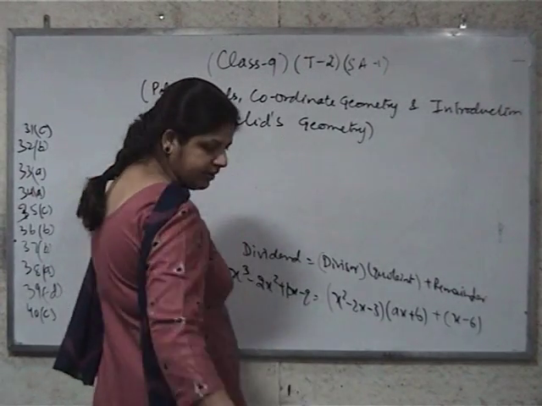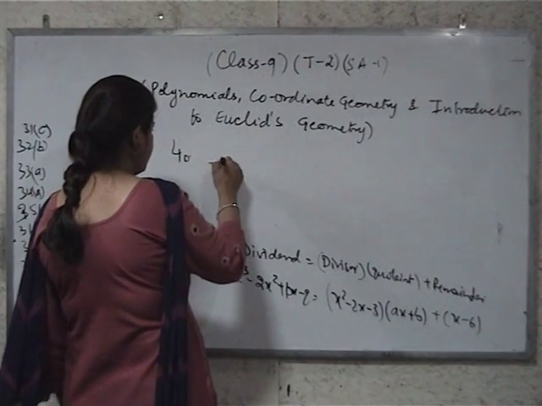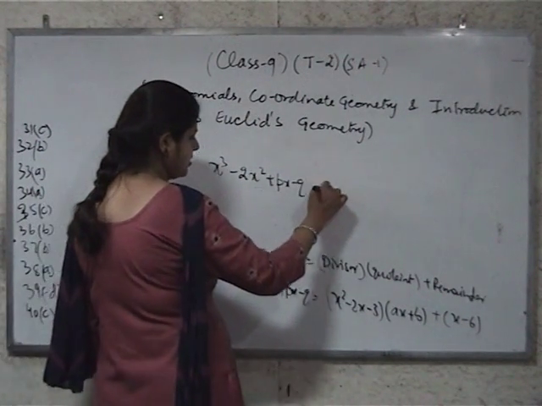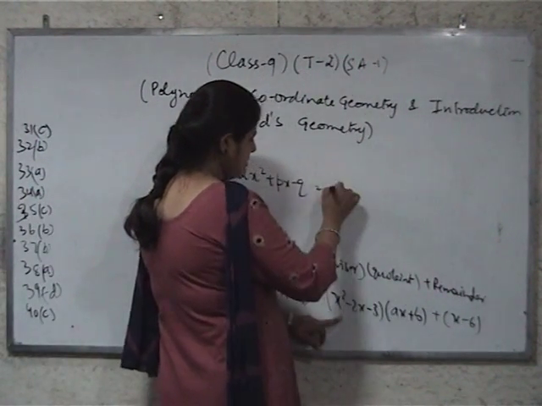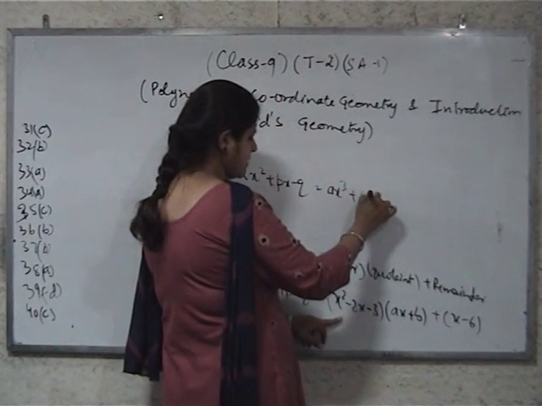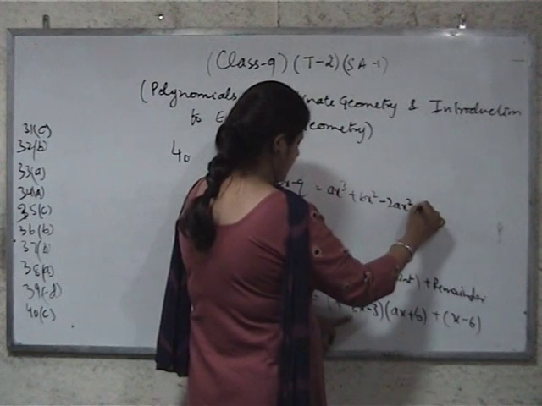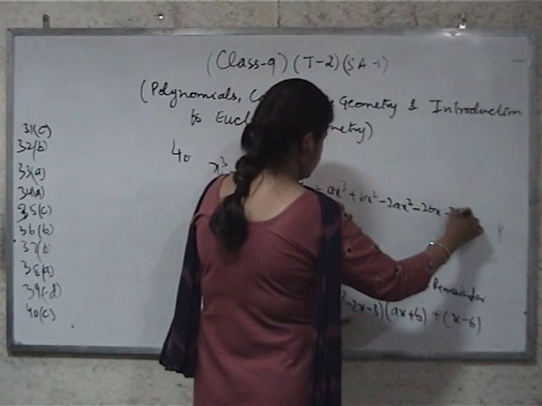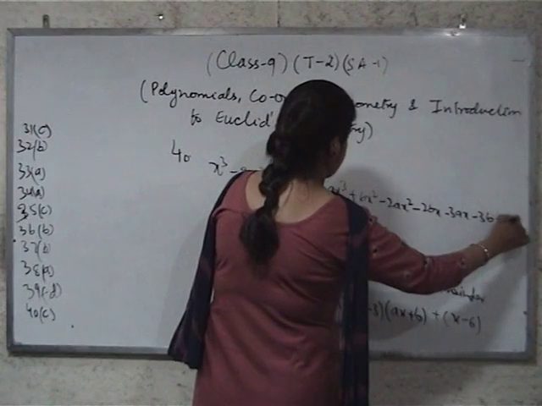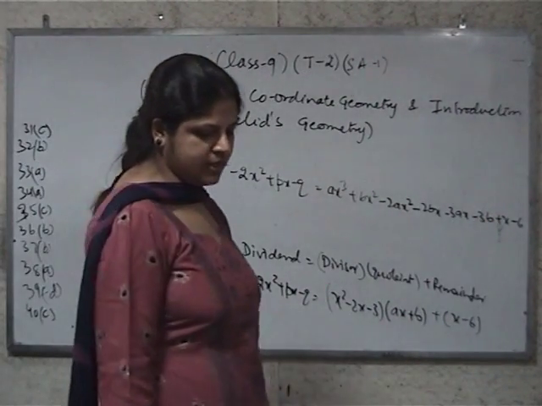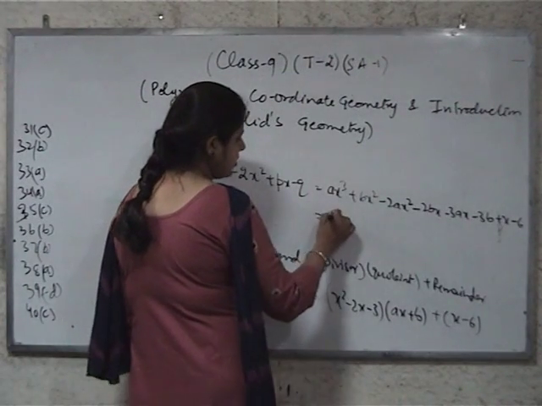Now let me simplify the expression. x cube minus 2x square plus px minus q is equal to ax cube plus bx square minus 2ax square minus 2bx minus 3ax minus 3b plus x minus 6. Let me combine the like terms. Cube is only this term.